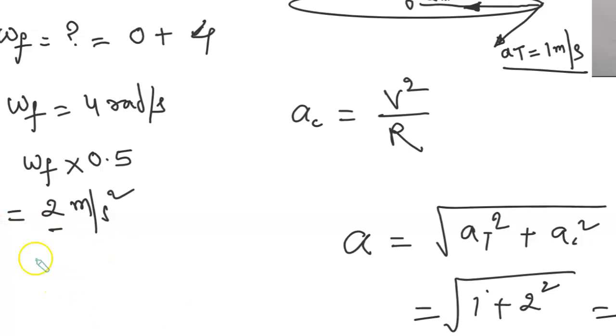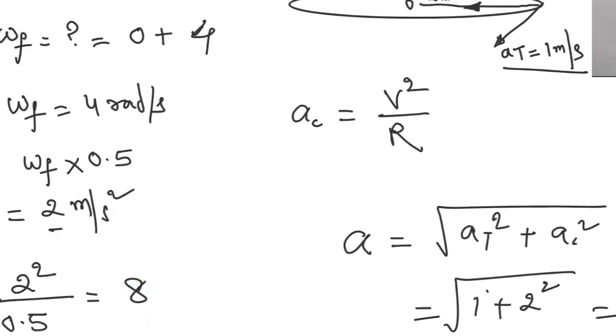Oh, you are great, you are picking my mistake. So the velocity is 2, and the acceleration is going to be 2 square divided by 0.5, so it's going to be 8. So 8 square plus 1 square, 64 plus 1, root 65.